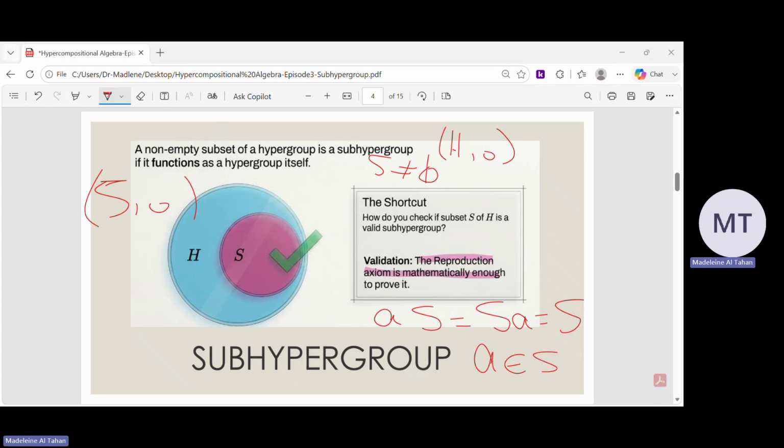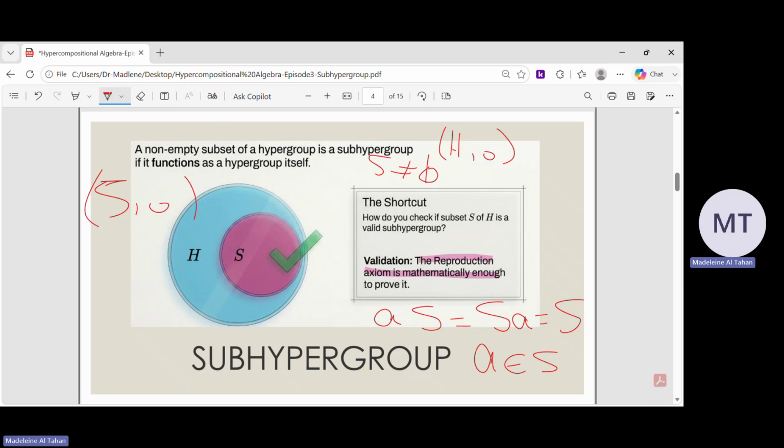Now, let's try to link this one to group theory. If we have a subset of a group, in order to prove that it is a subgroup, the only thing that we need to prove are the closure and the inverse. But here it's not the case. We defined a hypergroup. We did not say that there should be an inverse.